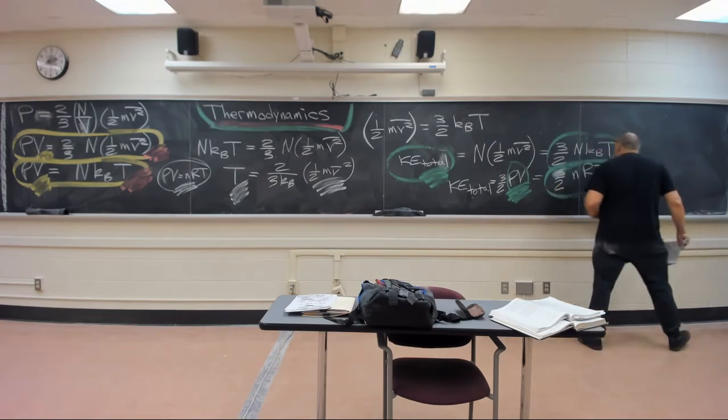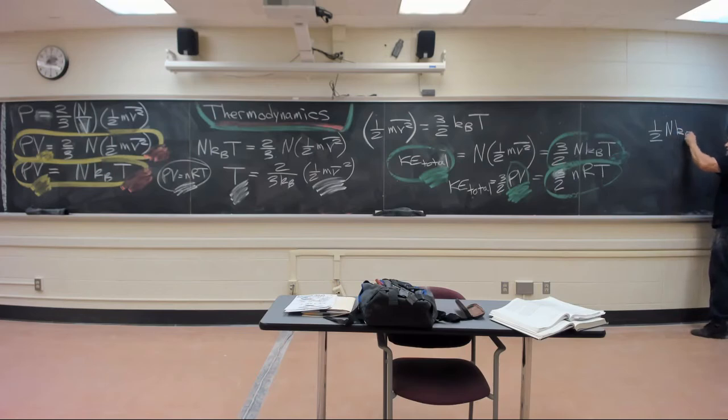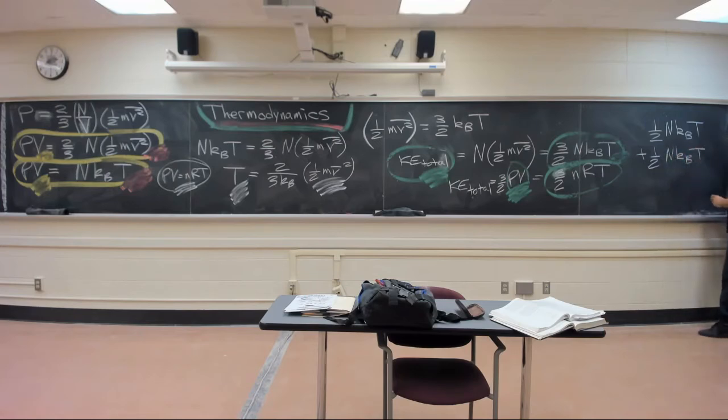In the x direction, nkBT times a half is the total kinetic energy occurring in the x direction. In the y direction, it's the same kinetic energy. In the z direction, it's this kinetic energy.